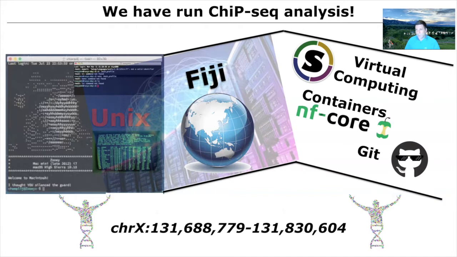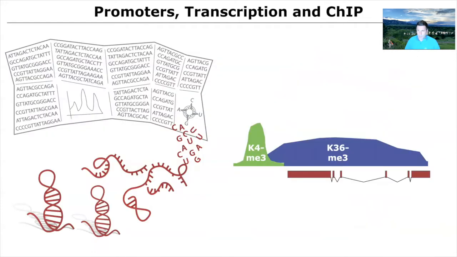So you guys have done all of this now, and we are ready to take another level in and see what we're looking at here. And so as we're going to explore the human genome, just to give a little bit of background, genes can be defined by a promoter region where the DNA binding proteins that we're analyzing the ChIP data for, or that you just did analyze the ChIP data for, all bind on a region called a promoter region.